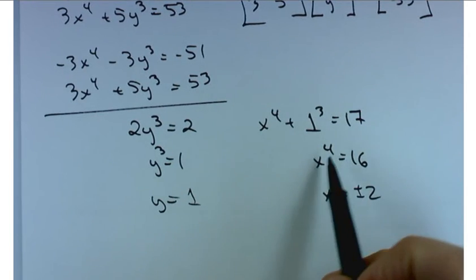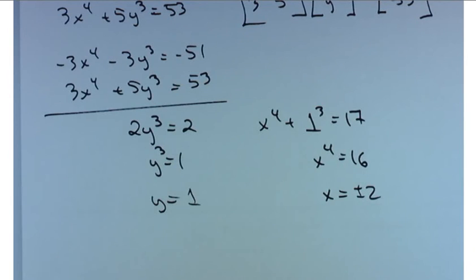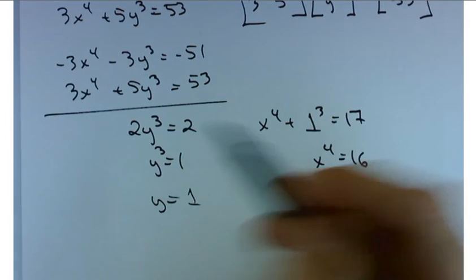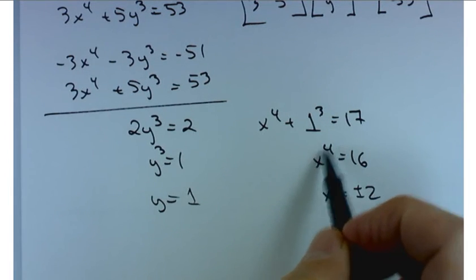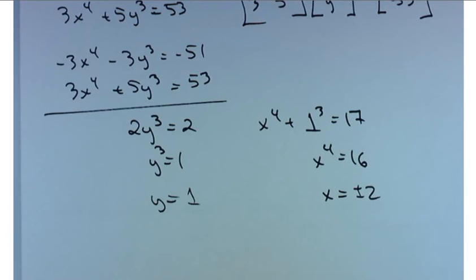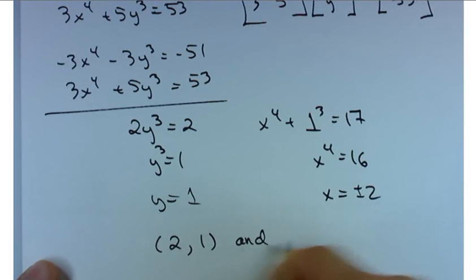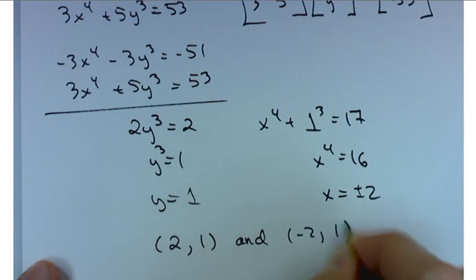All right, so if it's even, and you're taking the reciprocal power to come up with a root, so the fourth root of 16, we need the plus or minus, because that's an even root. For the odd roots, you don't need the plus or minus. So that tells me there's two solutions, 2 and 1, and -2 and 1.